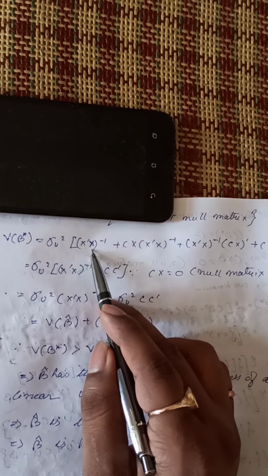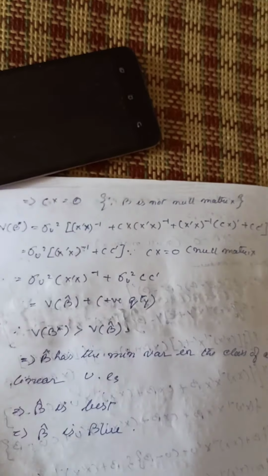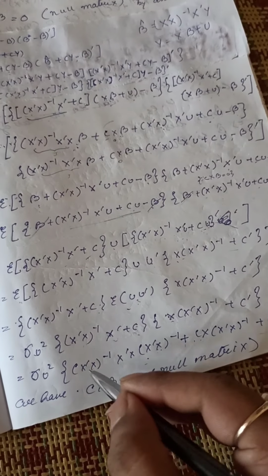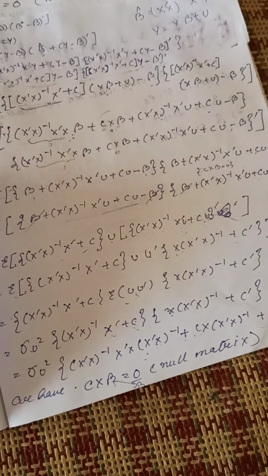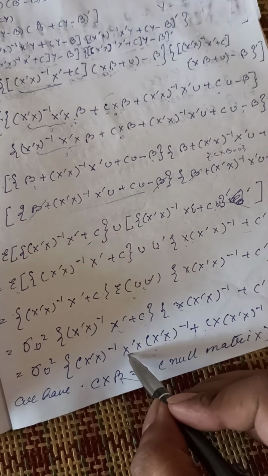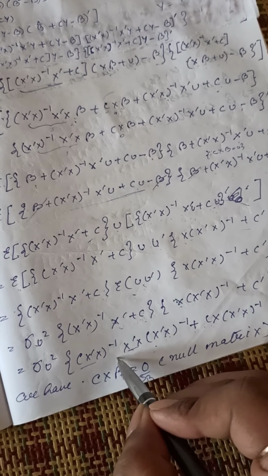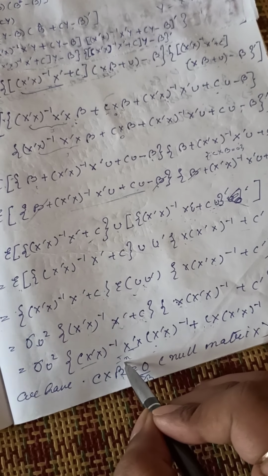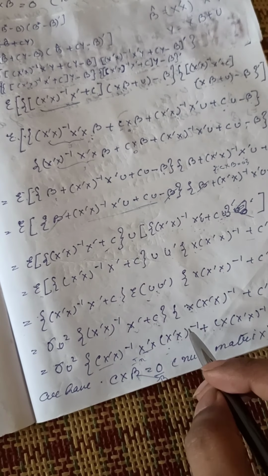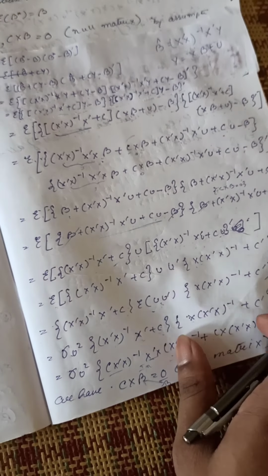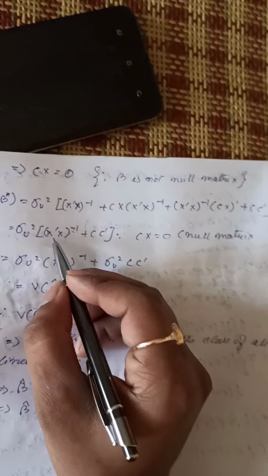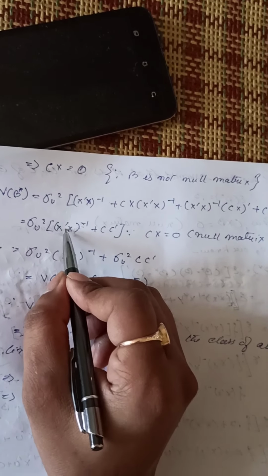Now this x transpose x inverse has been derived by multiplying this entire term. The multiplication of this term with this term will give you an identity matrix, and multiplying this identity matrix with this term will give you x transpose x to the power inverse, and that's what we have over here.